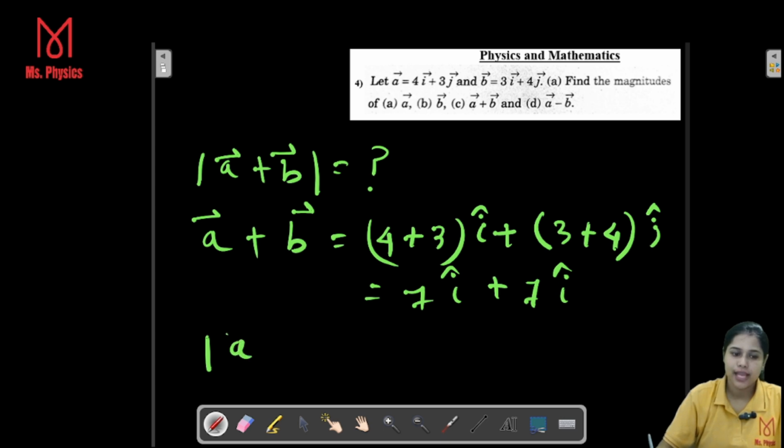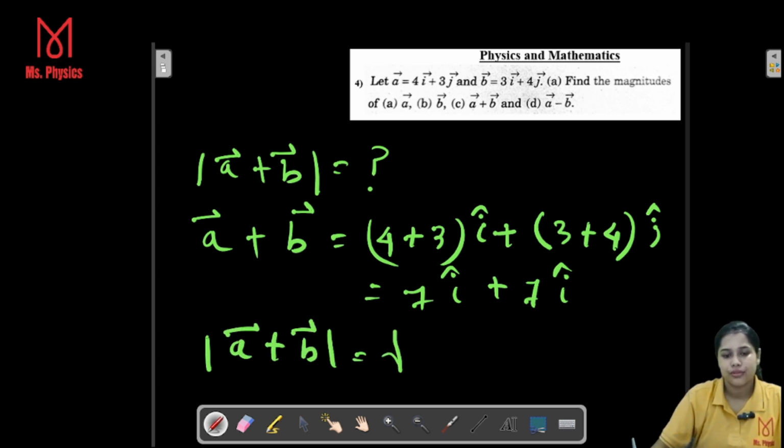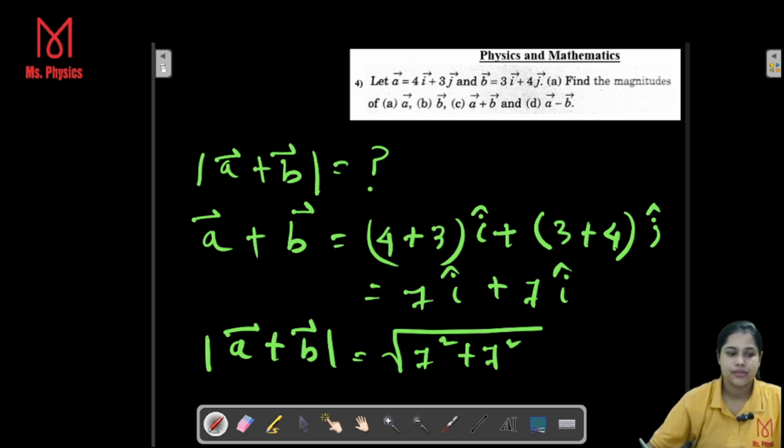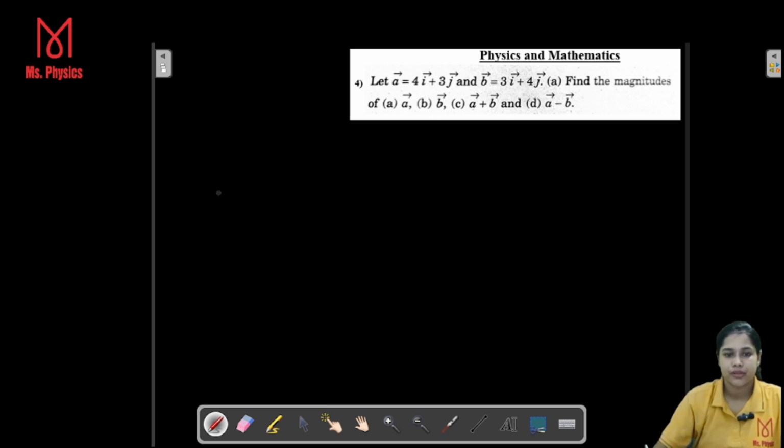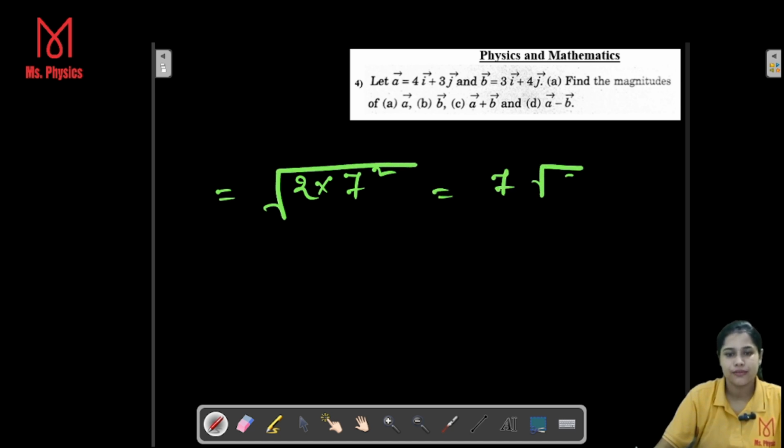Therefore mod of A plus B is equal to root over of 7 square plus 7 square, which is 2 into 7 square under root, therefore 7 root over of 2 is the answer.